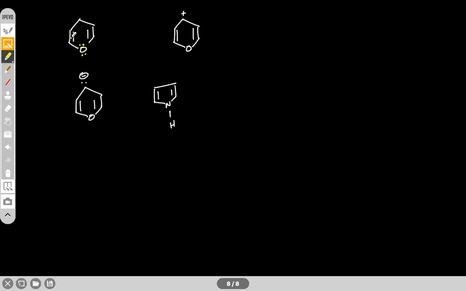So for aromaticity, out of 2, we count only 1 lone pair of electrons. To get the number of pi electrons, both lone pairs we won't count. We have a reason for this, okay? But that I am not discussing now.